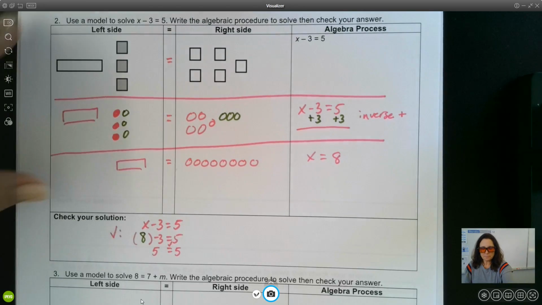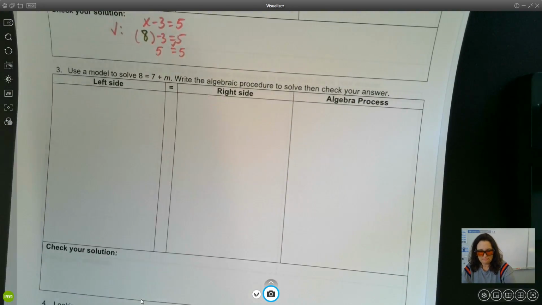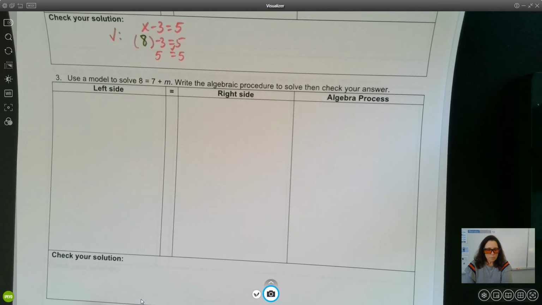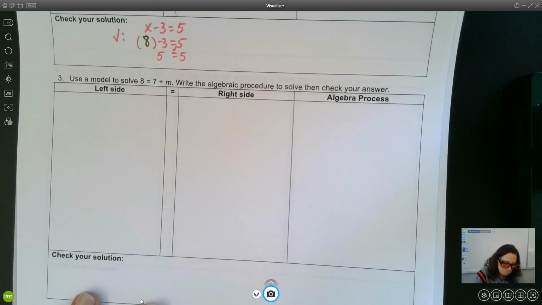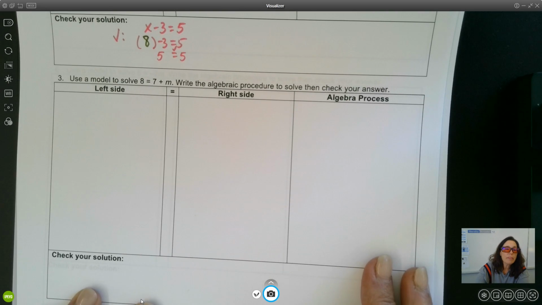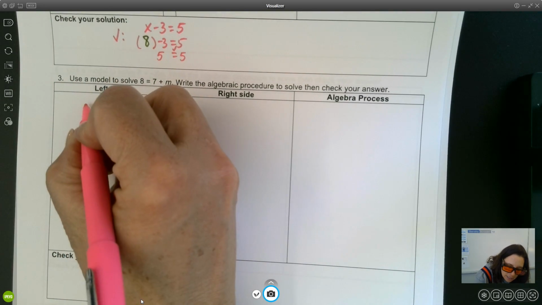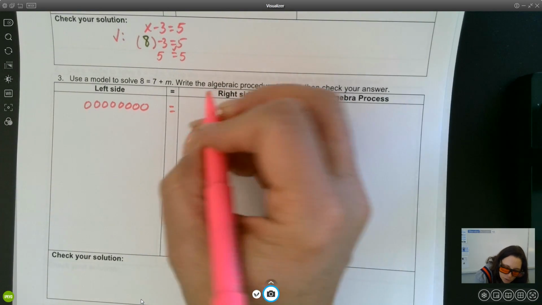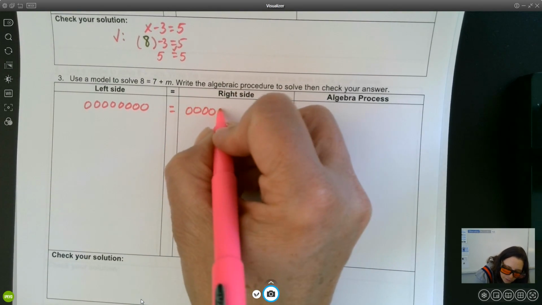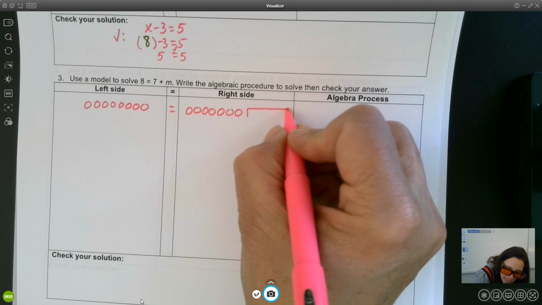Okay, number 3. Don't be alarmed if it kind of looks backwards. 8 equals 7 plus m. Notice our first step is not given, so we're doing the whole thing ourselves. So I've got 8, 1, 2, 3, 4, 5, 6, 7, 8 equals 1, 2, 3, 4, 5, 6, 7, and an m.